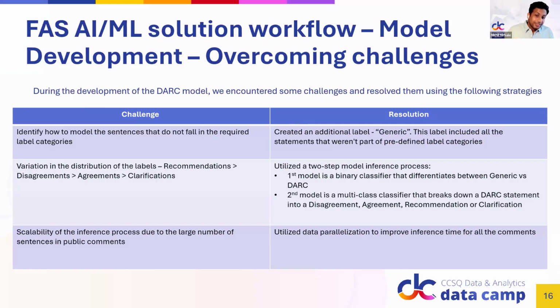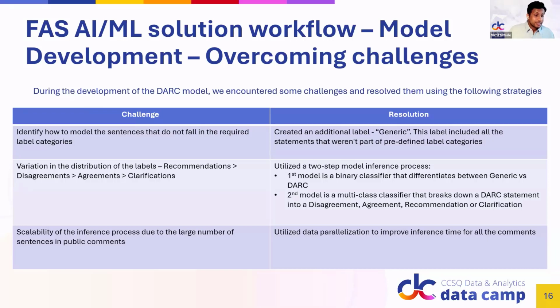Just two classes here. And once a new statement is inferred as dark, it goes into the second step, and then the additional breakdown as a disagreement, agreement, recommendation, or clarification is handled by the second multi-class classification model. So that's how we were able to incorporate all the data, but also get decent accuracies using a two-step process.